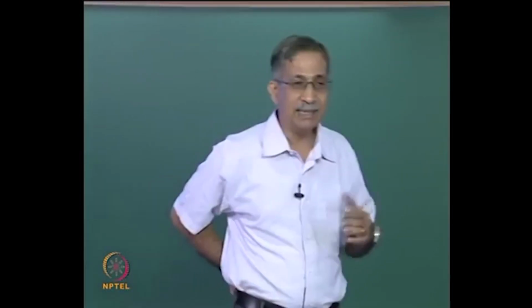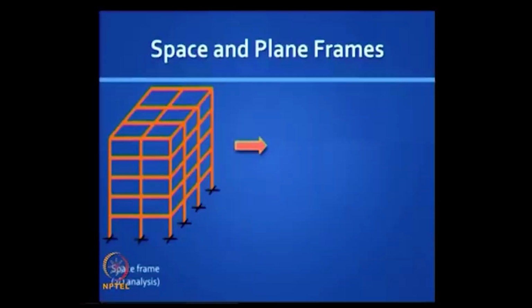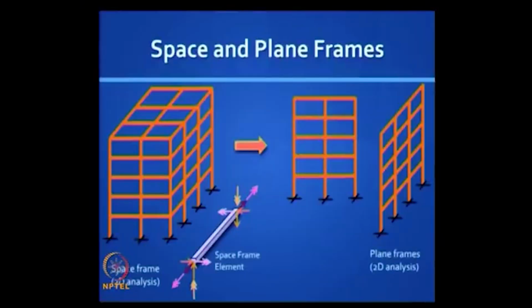So traditionally you try to simplify it. What you do is you break it up into plane frames and you make some assumptions. The assumption you make is that the frames in the transverse direction and the frames in the longitudinal direction really do not interact.